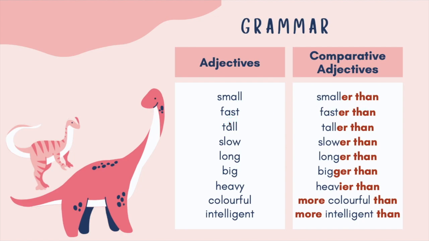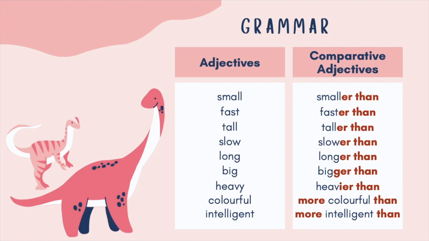Next, fast, faster than. Tall, taller than. Slow, slower than. Long, longer than. Big, bigger than. This is a one-syllable adjective that ends in a single vowel and a single consonant.